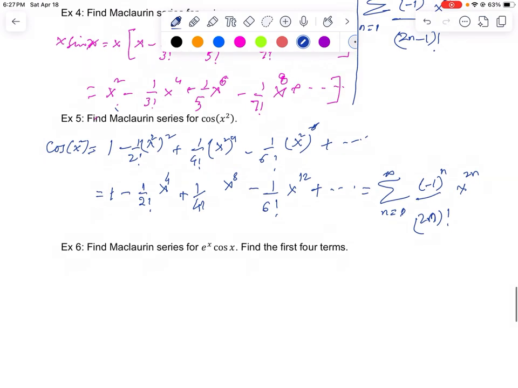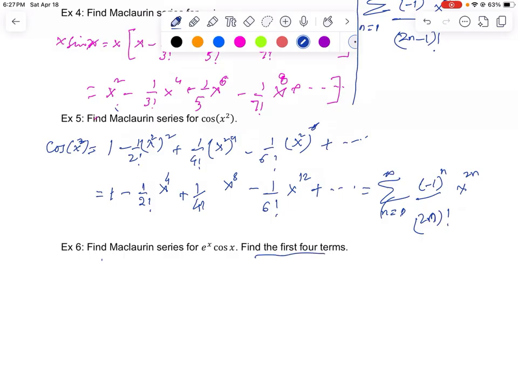So that is the series for the cosine of x squared. Now example number 6 says find the Maclaurin series for e to the x times cosine x. And then it says find the first 4 terms.